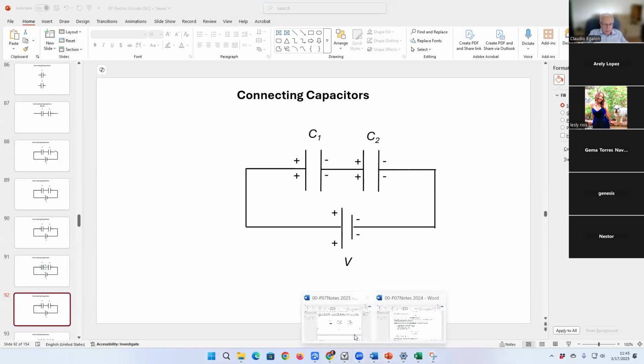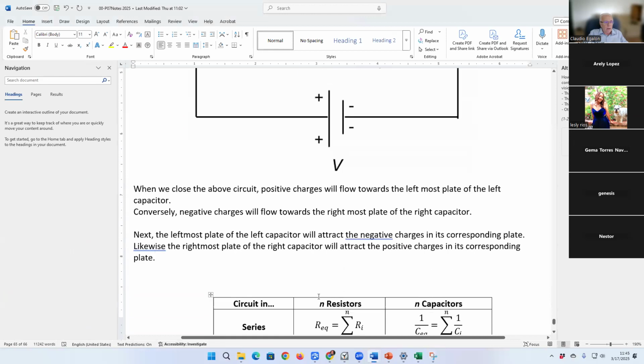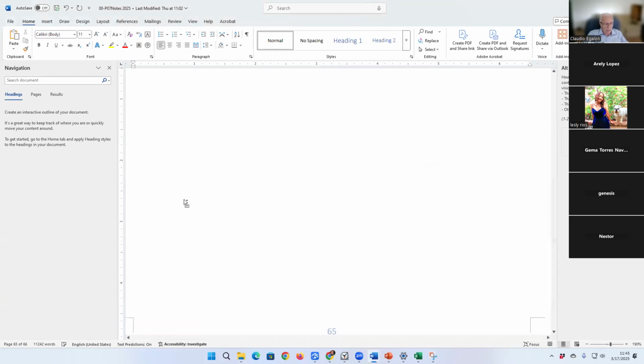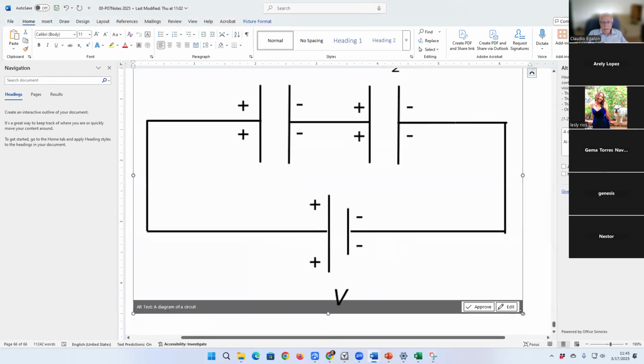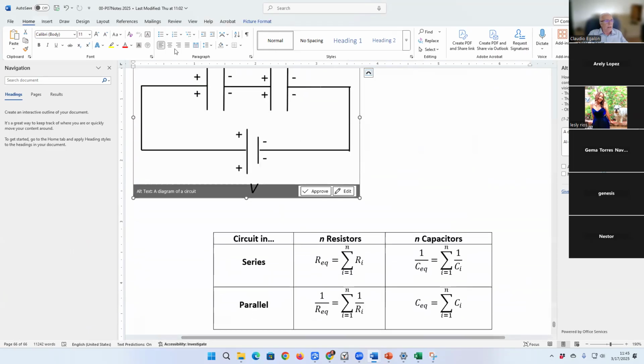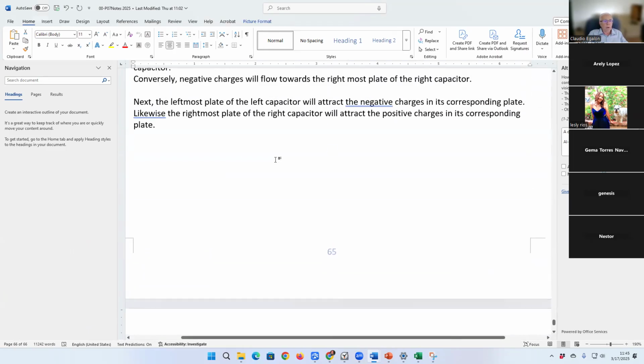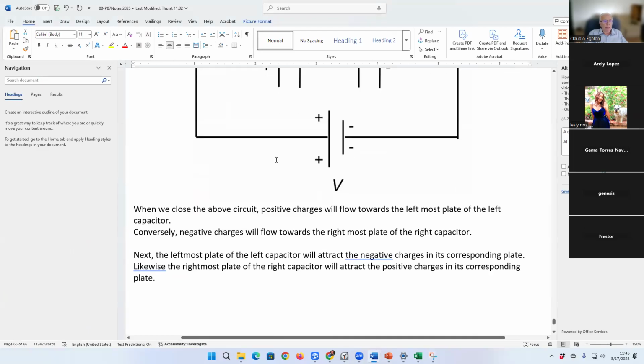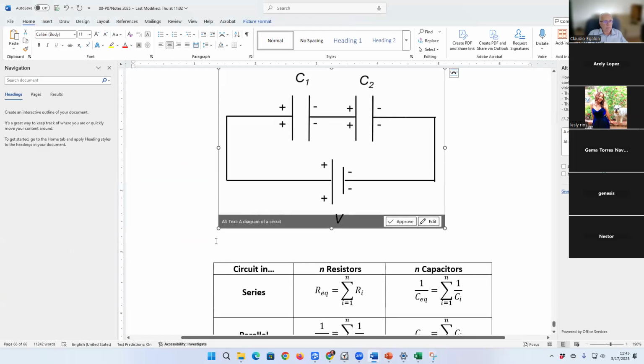And that's the picture. Okay, step by step.